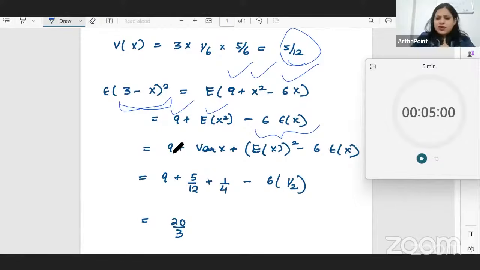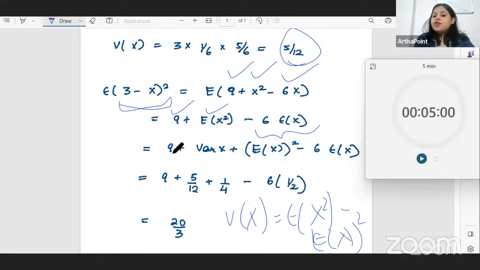What is variance of X? Variance of X is expectation of X square minus (expectation of X) whole square. So from here, what will be expectation of X square? Variance of X plus (expectation of X) whole square. This is what I have replaced it with. Minus 6 expectation of X.